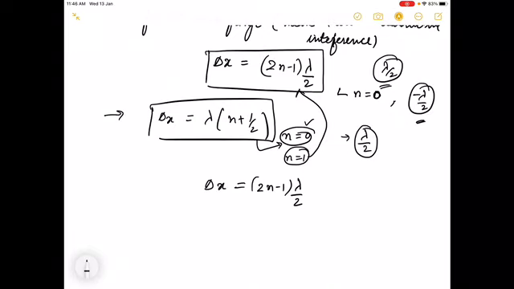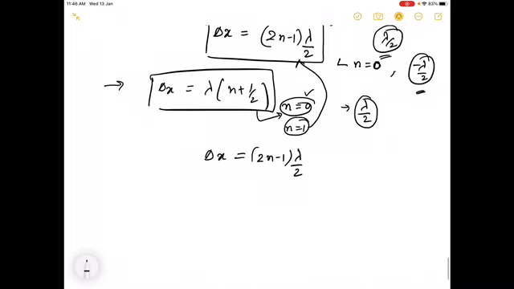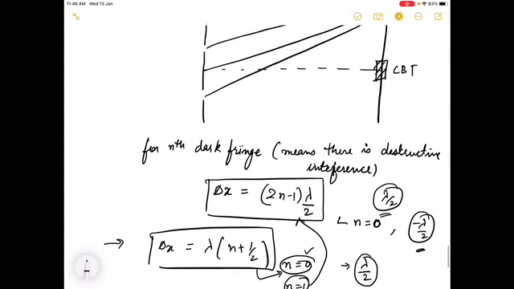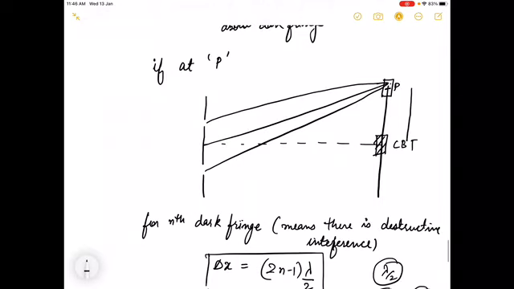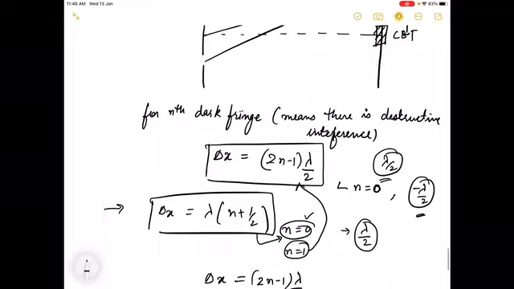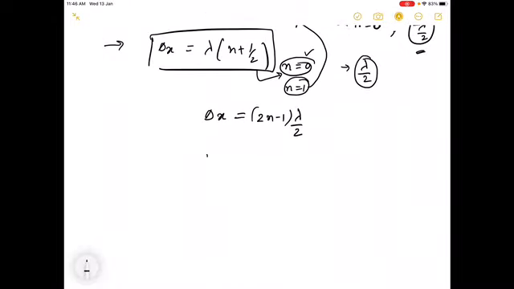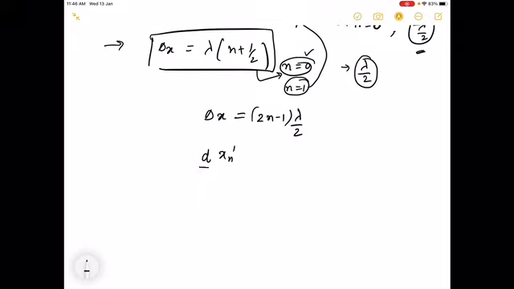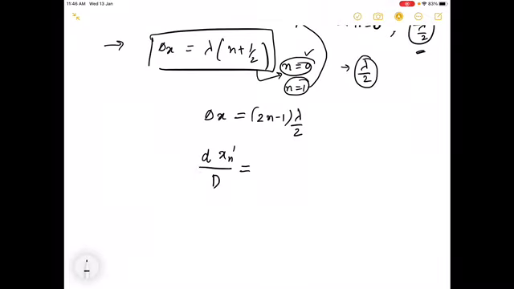So we know del x equals lambda by 2, and one more important thing that you have to understand here is that this distance, in the starting case it was xn, let me call this distance xn dash. Okay, there is only this difference here, right? So here I will write d xn dash upon capital D, बाकी सब same होगा, and that will be actually equal to (2n minus 1) lambda by 2, right?